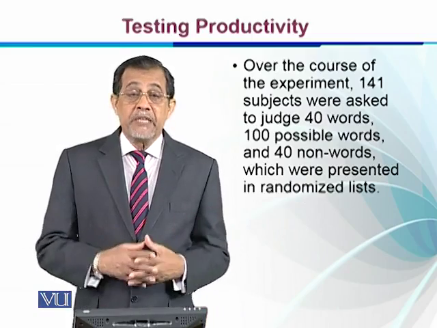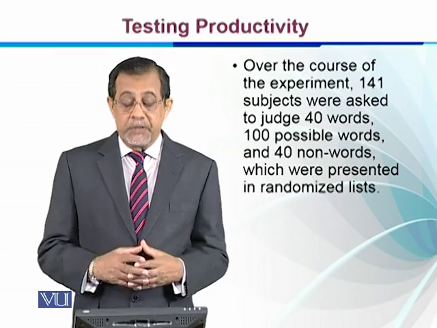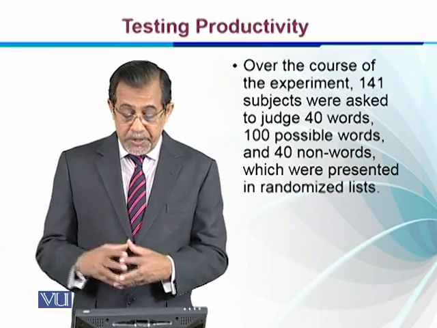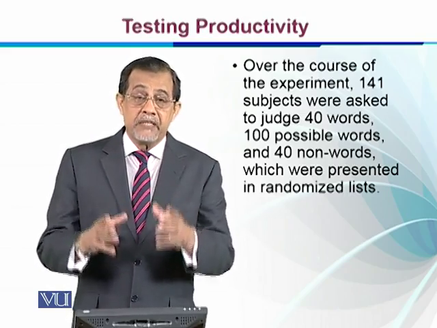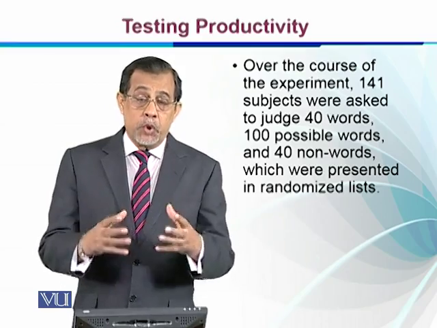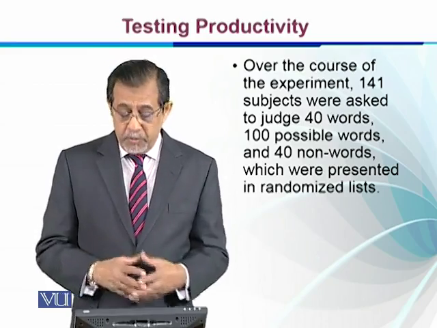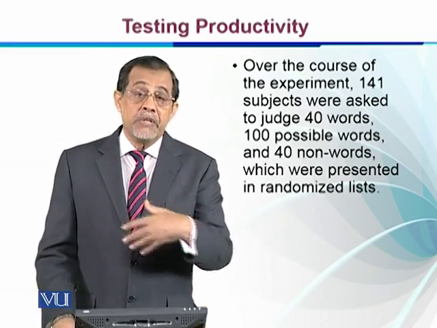Over the course of the experiment, 141 subjects were asked to judge 40 actual words, 100 possible words and 40 non-words, which were presented in a randomized list. What they did is present short word lists to the subjects and ask them whether they know these words or not.